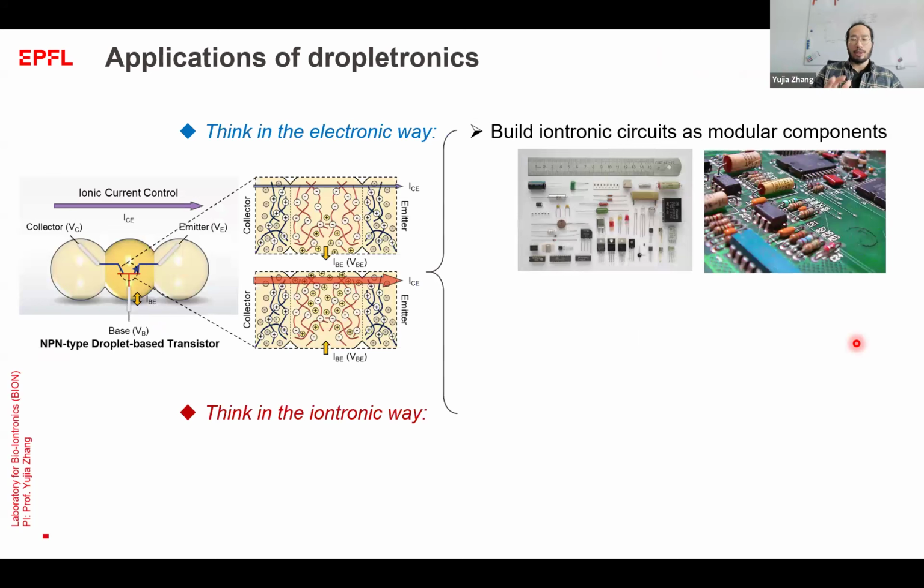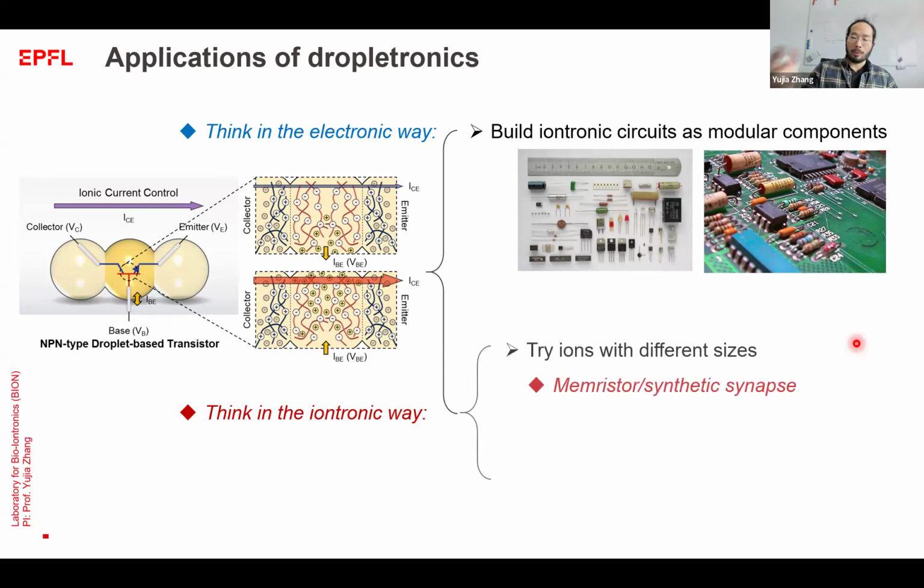But if we think about the applications of this Dropletronic transistor, we should question ourselves, how do we think of using iontronics? Of course, we can use it as electronics can be used, which is to integrate them into a Dropletronic circuit by putting multiple modules together and forming connections.